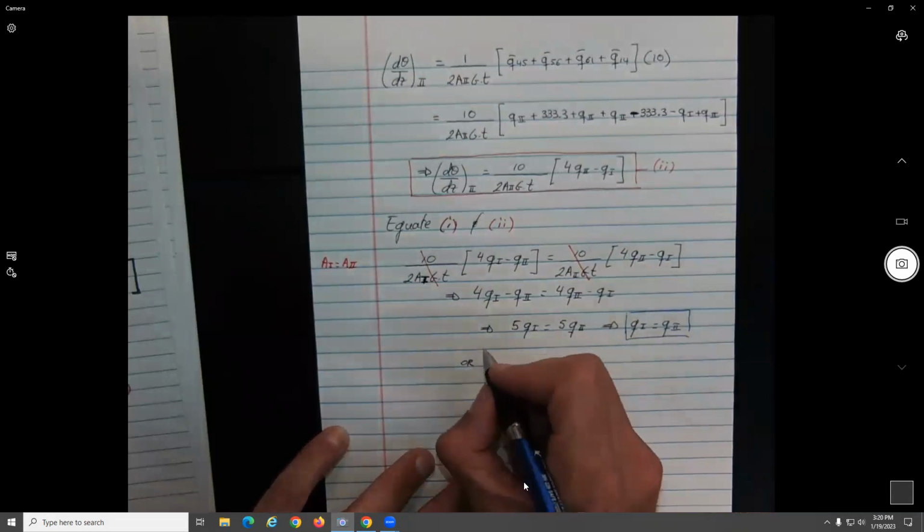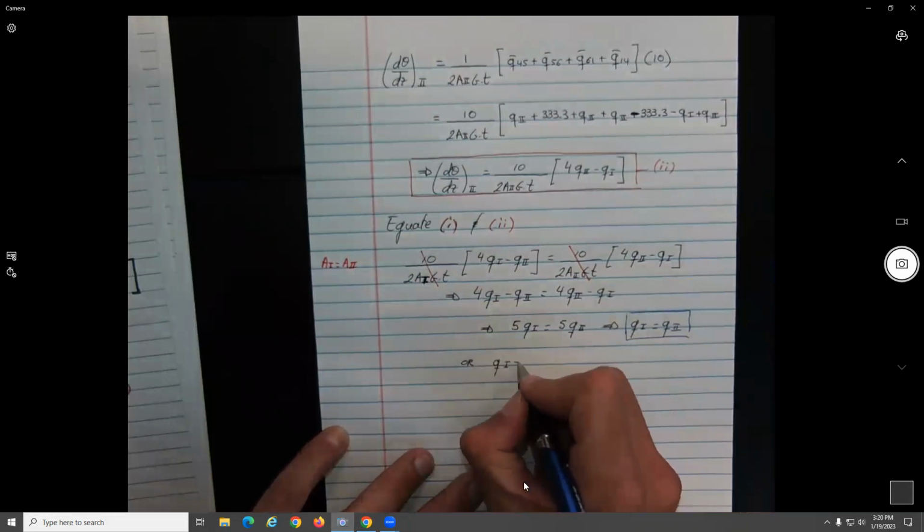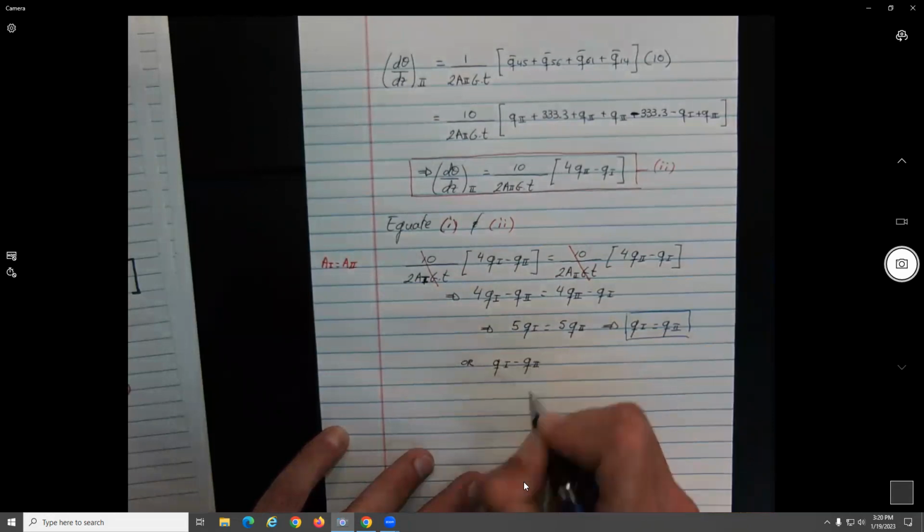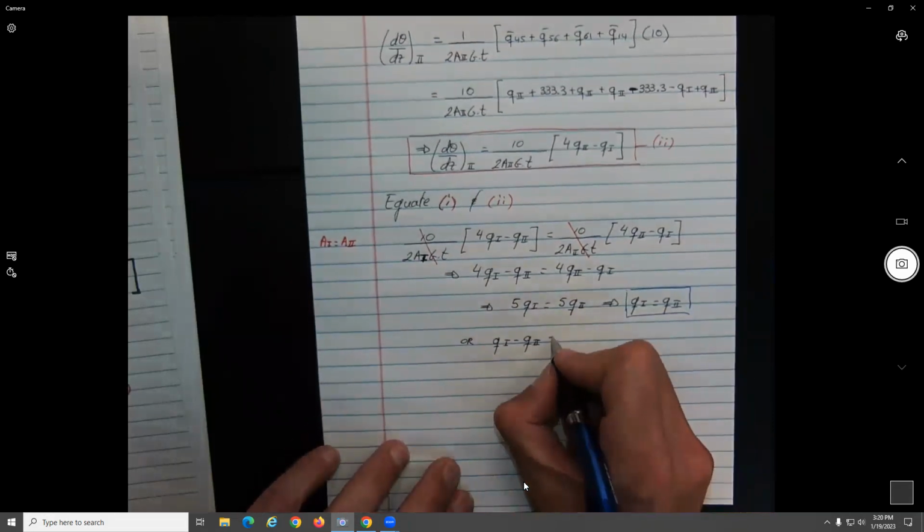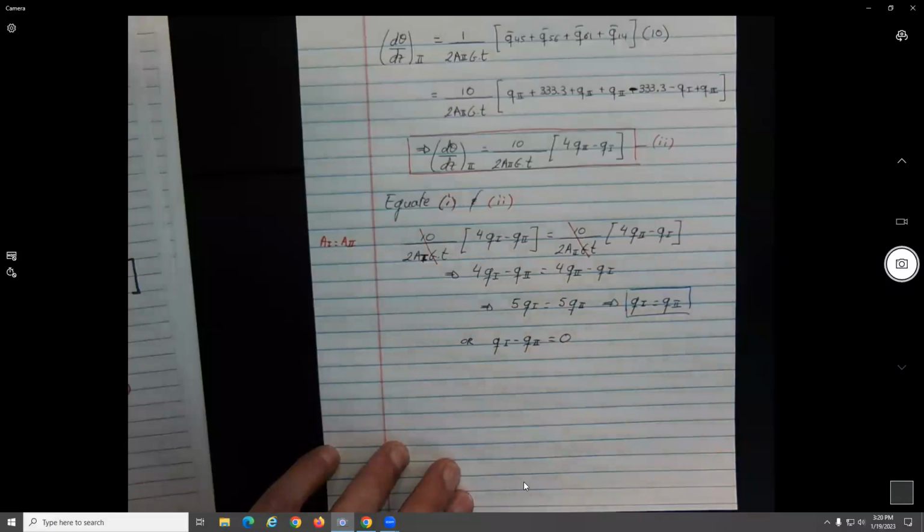I can rewrite this as the equation Q1 minus Q2 equal to 0.